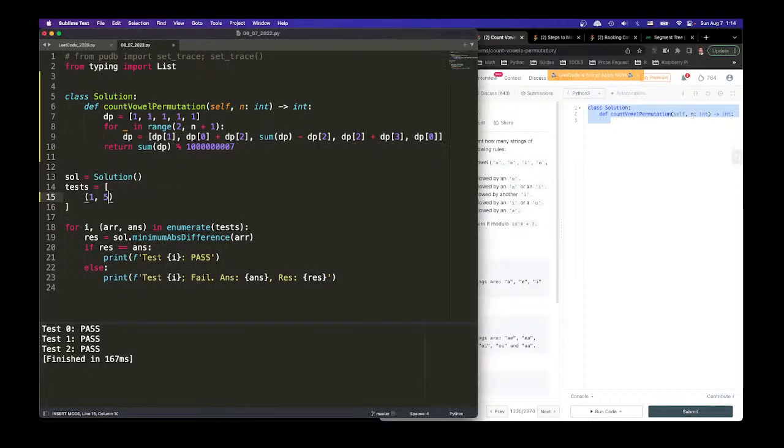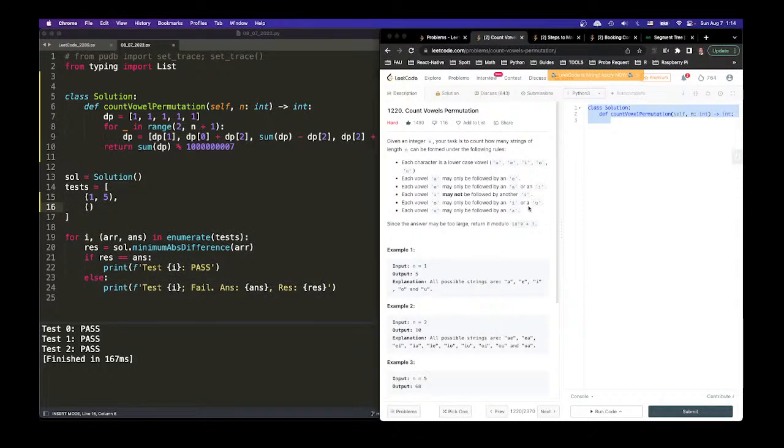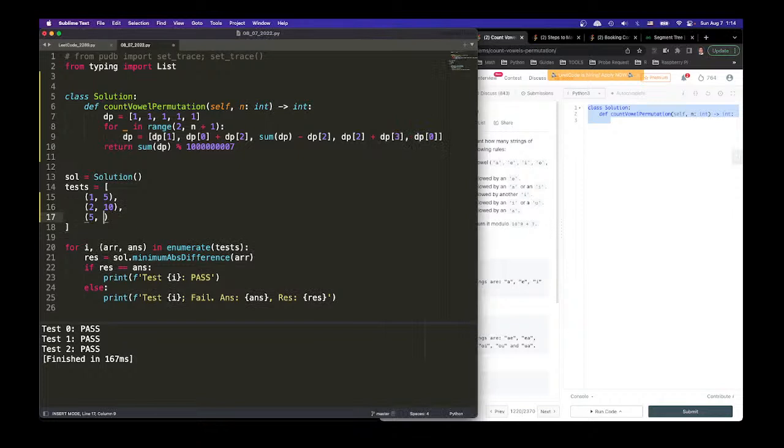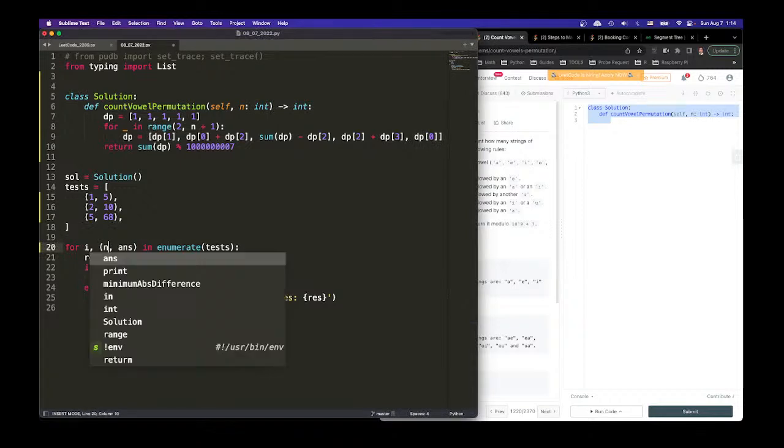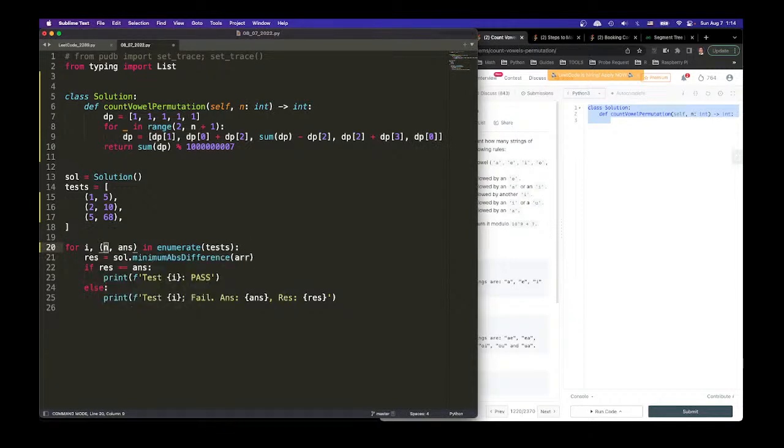So have 1 is 5, 2 is 10, 5 is 68. How? Did I overdo it?